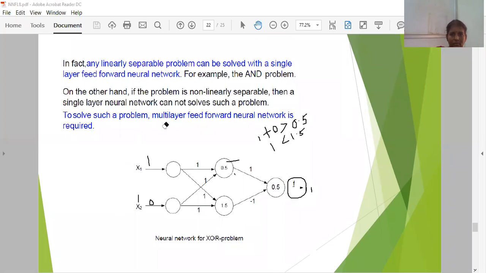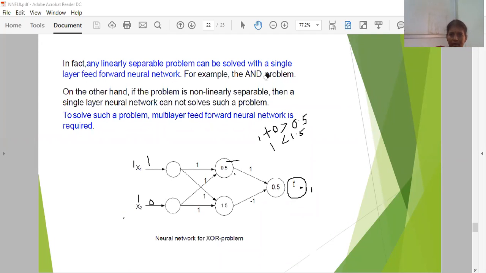Okay, if you are considering the other case, suppose we are considering 1 1. 1 into 1, 1 plus 1 into 1, 2. 1 plus 1, 2, greater than 0.5. So your output will be 1.